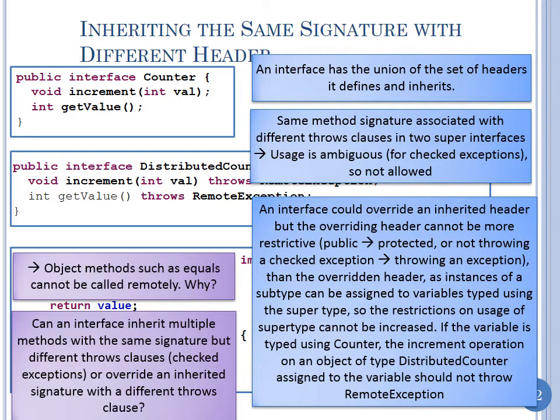So you cannot invoke toString, hashCode, wait, notify, equals remotely. You can invoke increment and getValue that you define yourself remotely, but you cannot execute methods inherited from object remotely. I'm claiming this is an implication of the answer to the previous question. Okay. So think about it and try to figure out why this implication follows from the previous conclusion.